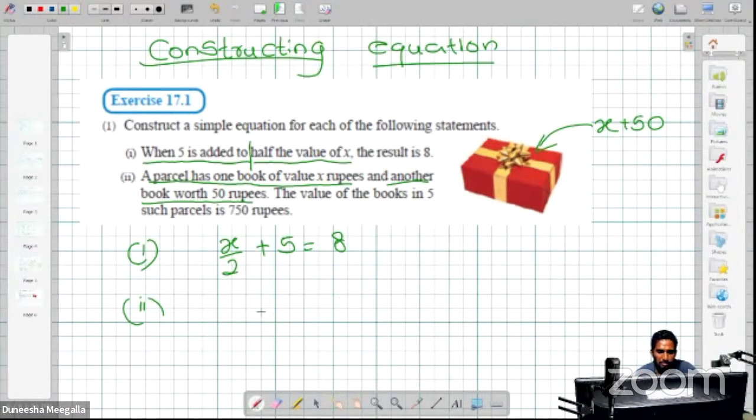How many such parcels? No, how many are there? The value of books in 5 such parcels. So 5 parcels, x plus 50, equal to 750. Okay. Write down the first 2 examples.